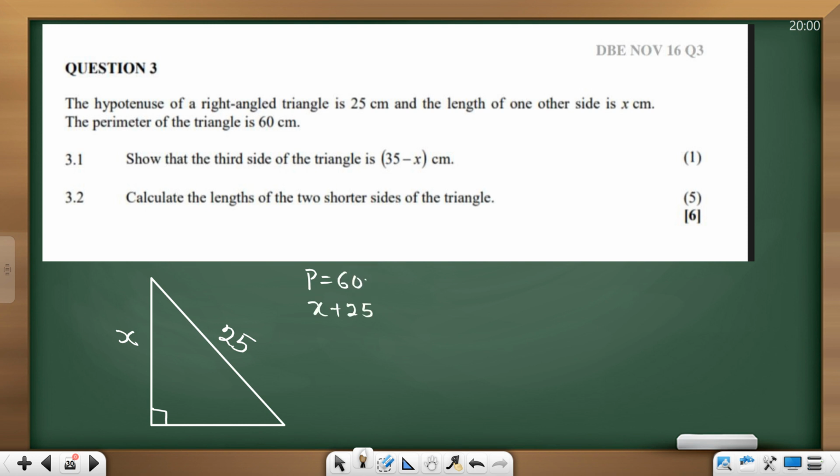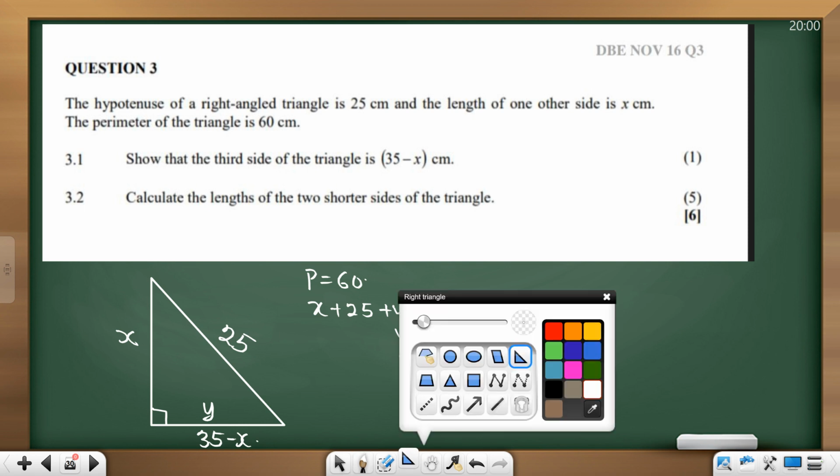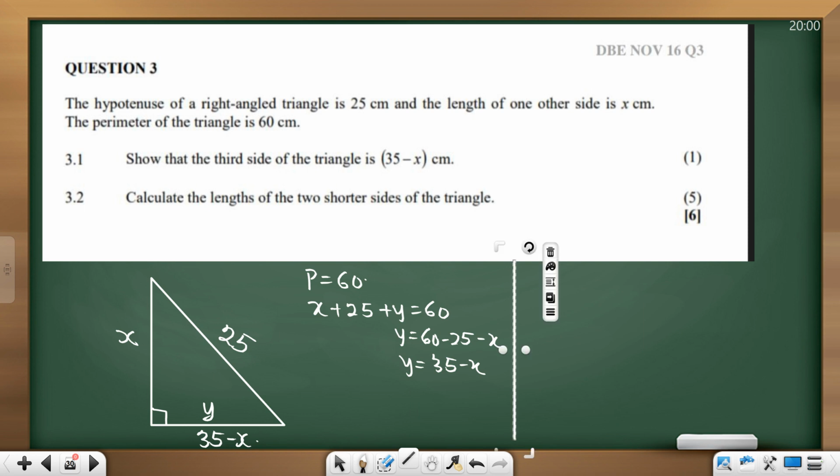x plus 25, let's call this y. y is equal to 60. So y is 60 minus 25 minus x. Calculate the length of the two shorter sides. Right angle triangle, what do we use? Pythagoras. The longest side, 25 squared equals x squared plus (35 minus x) squared.